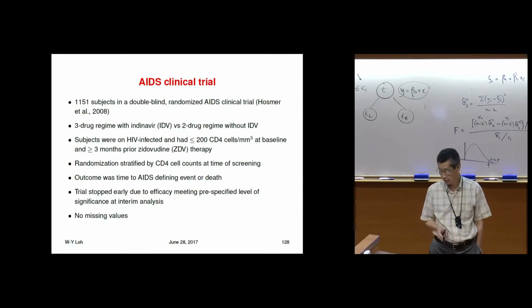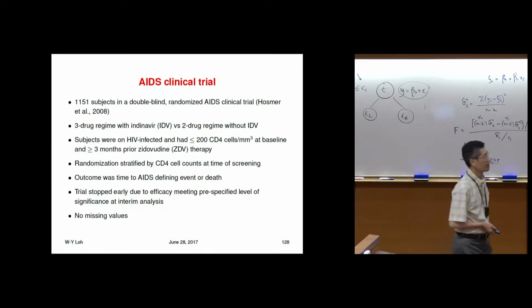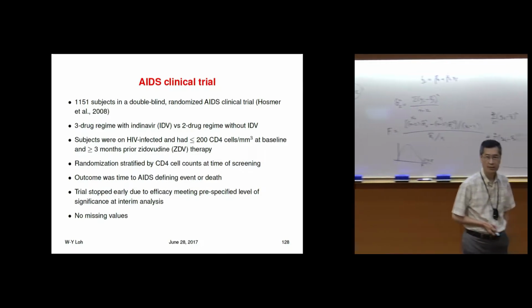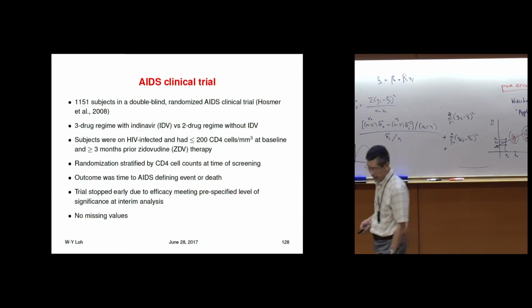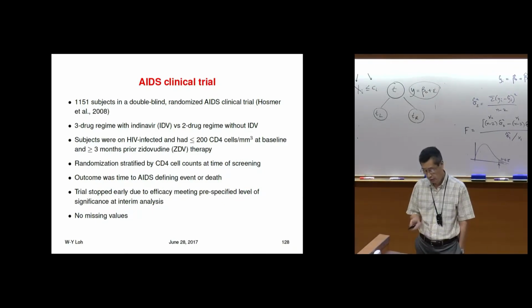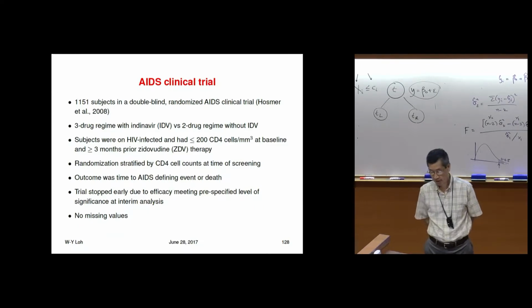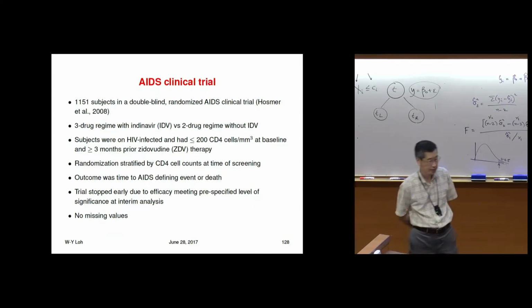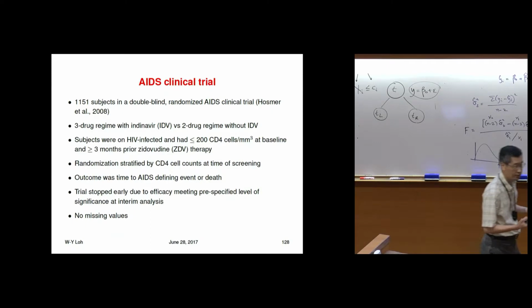The data is from this book called Applied Survival Analysis by Hosmer and Lemeshow. The treatment is either a 3-drug regime with a certain thing called IDV, or a 2-drug regime without IDV. AIDS drugs, they call them cocktails.